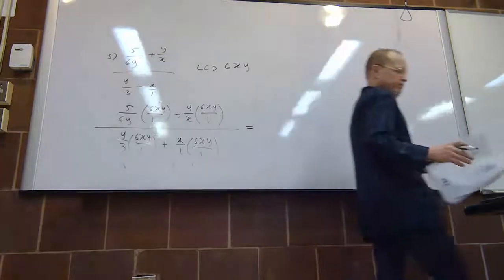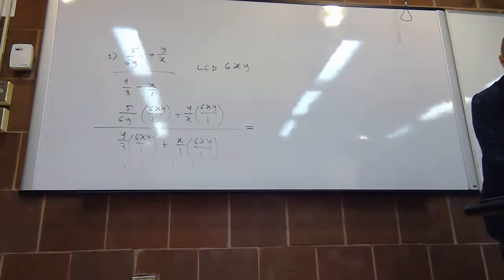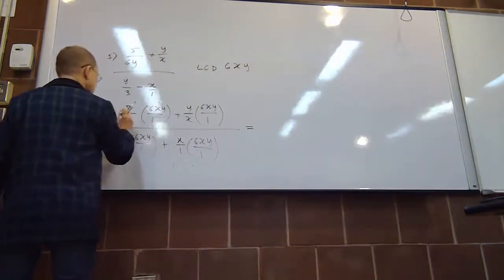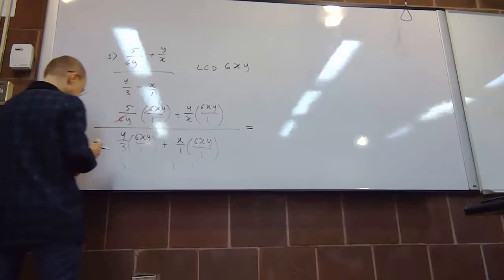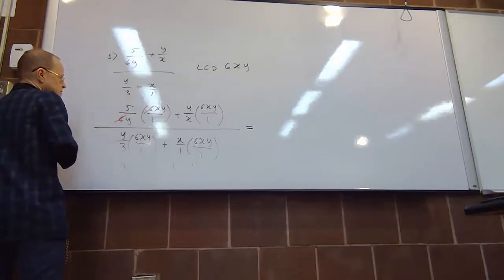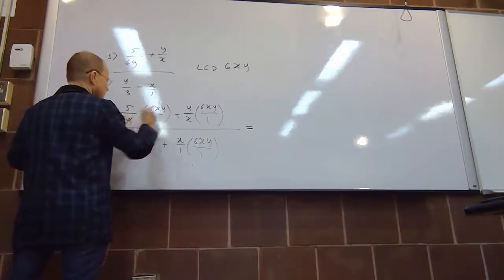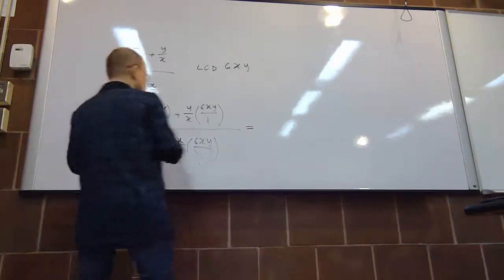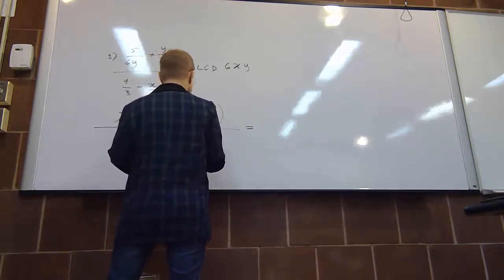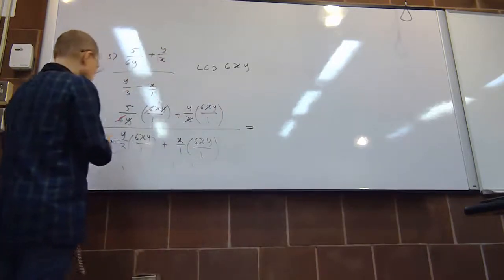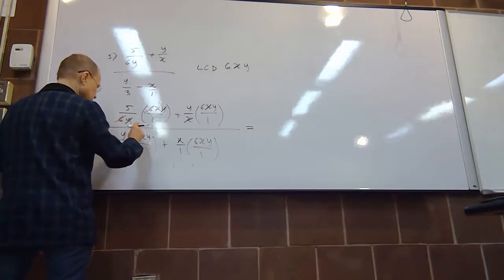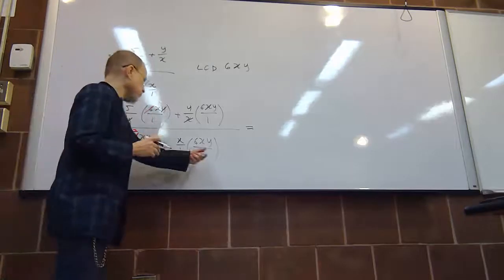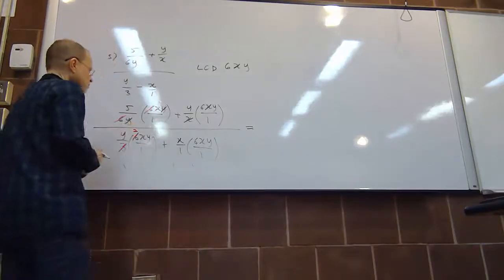Well, I see that I can cancel out the 6's. I can cancel out the y here. In this next one, I can cancel out the x. And here I can say, well, here, 2. And that's all. And here it's just 1 times 1, which is equal to 1.